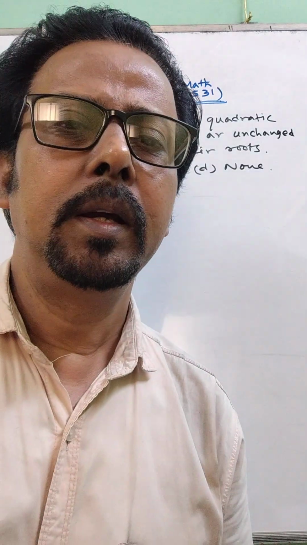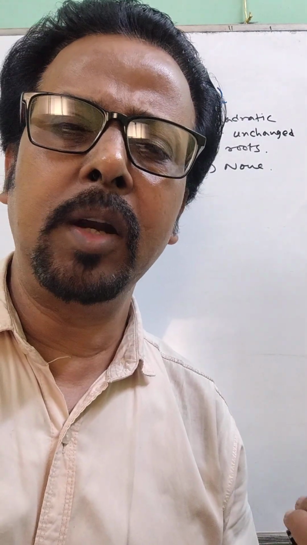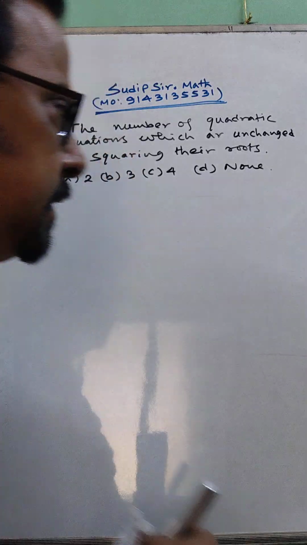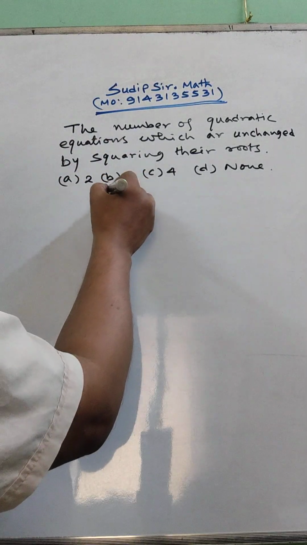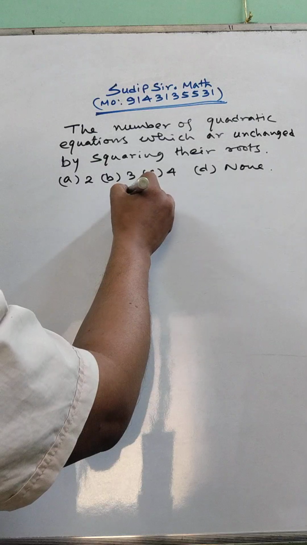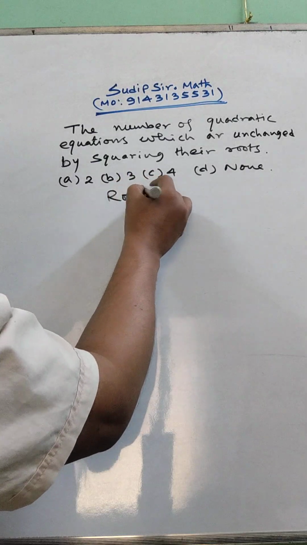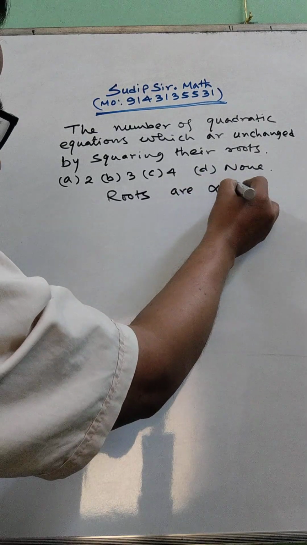Okay. So the problem is, after squaring the roots, the equation will be unchanged. Let the previous equation's primary roots be alpha comma beta.